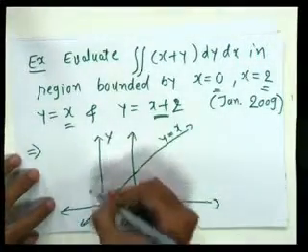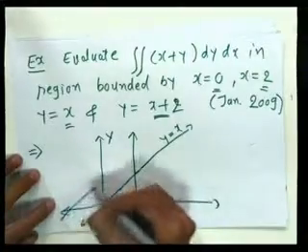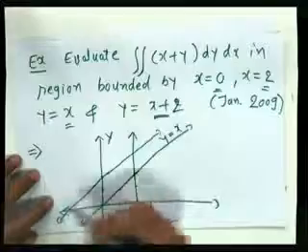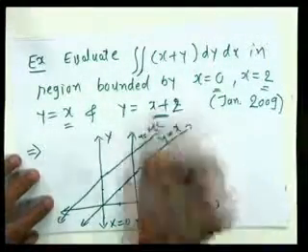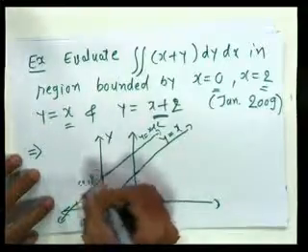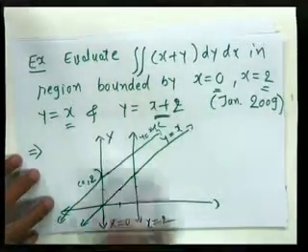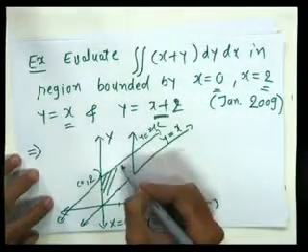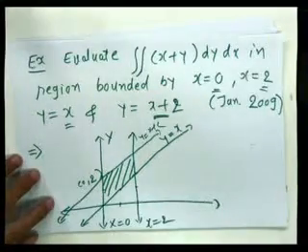So this line is like that. This is y = x + 2. This point is (0, 2). So after all, our region bounded between these four lines is here. This is the shaded area.